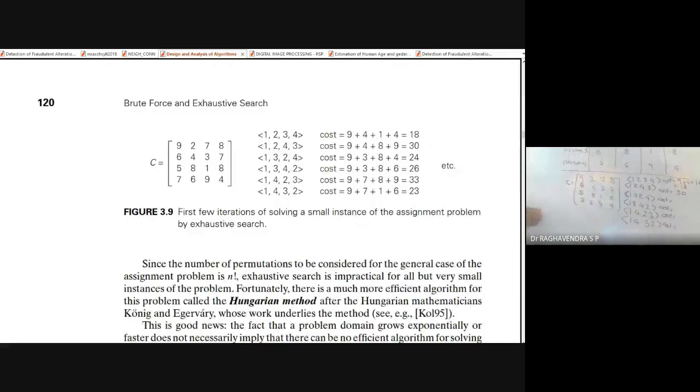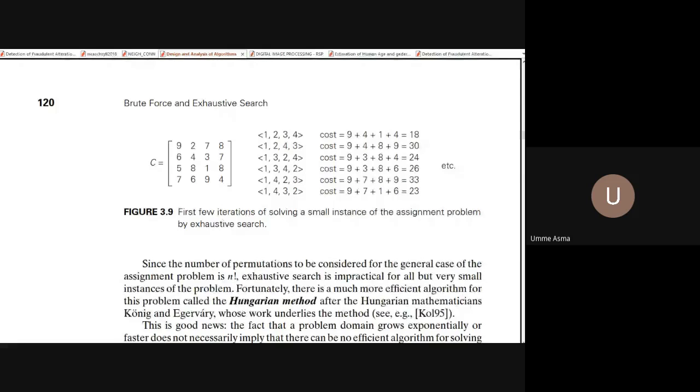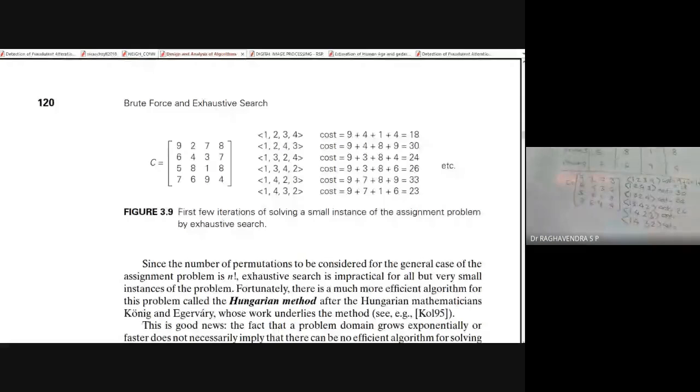Next we have 1, 3, 2, 4. What is the value? 24. Then we have 1, 3, 4, 2. What is the cost? 26.